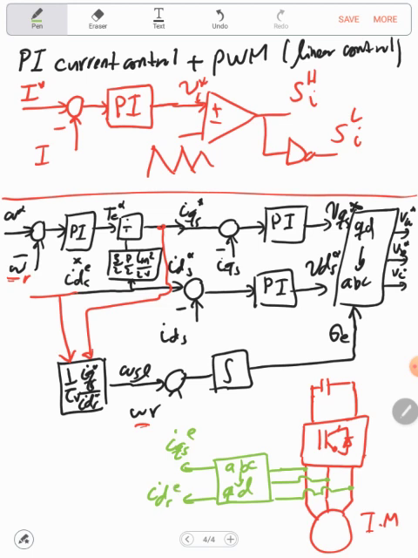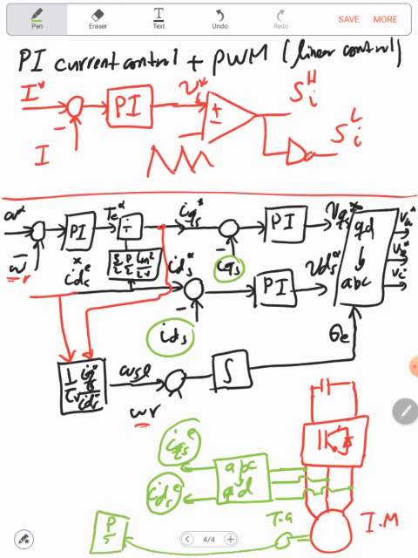So simply now we have the IQSE and we have the IDSE. And for the speed, this will be the tacho generator, and this will be the shaping to convert the mechanical to the electrical. And now we can close the loop here and here.